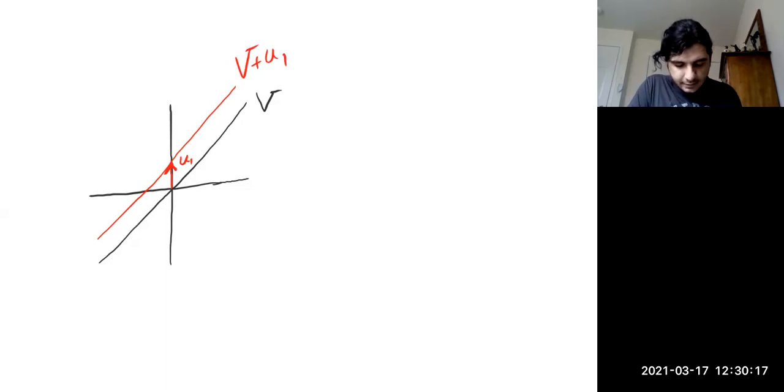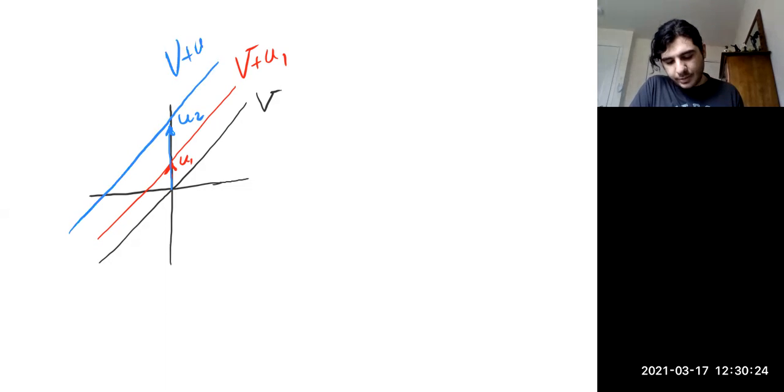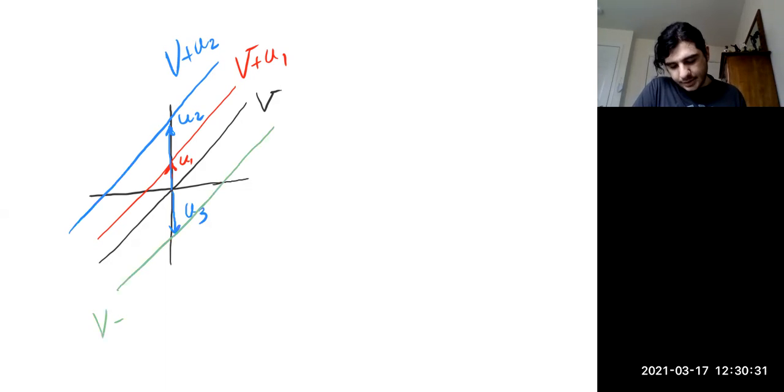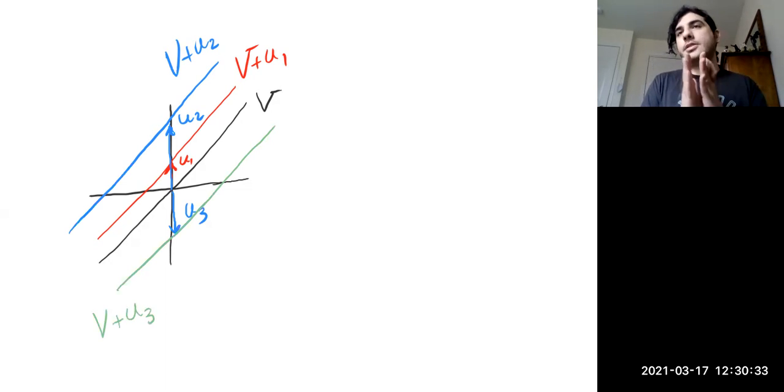I can look at V plus U2, and I would get this other blue affine subspace. I can look at V plus U3, and I would get this new affine space.